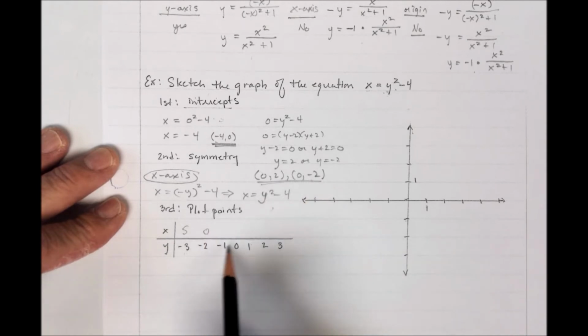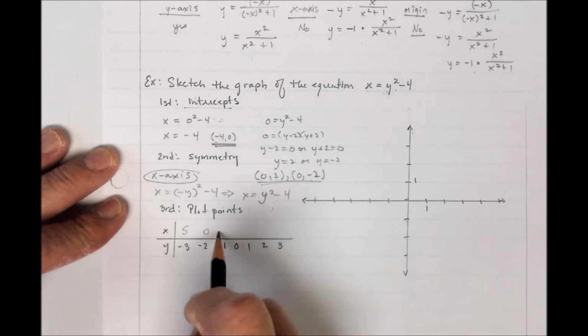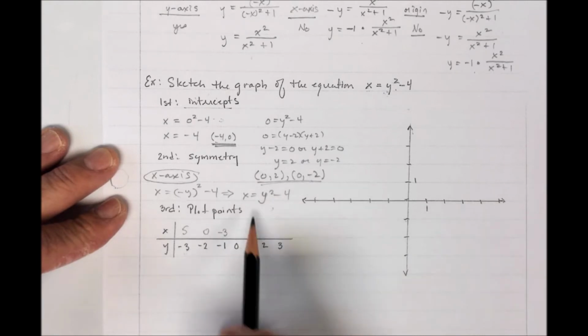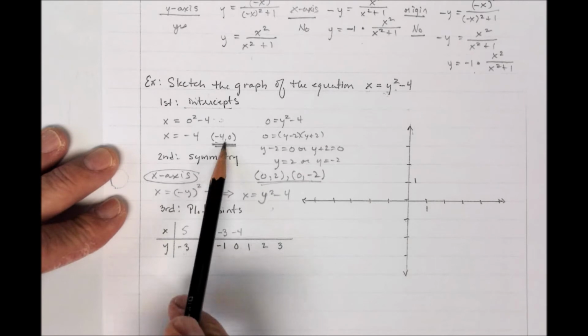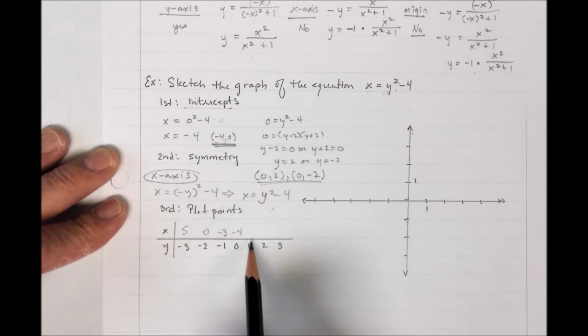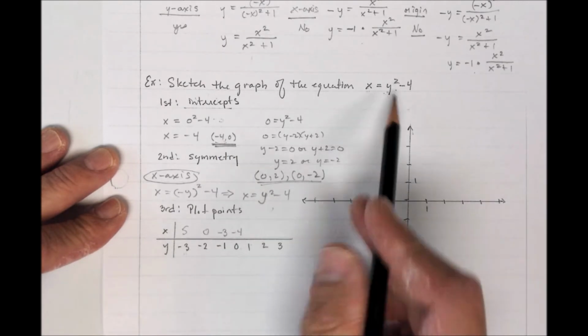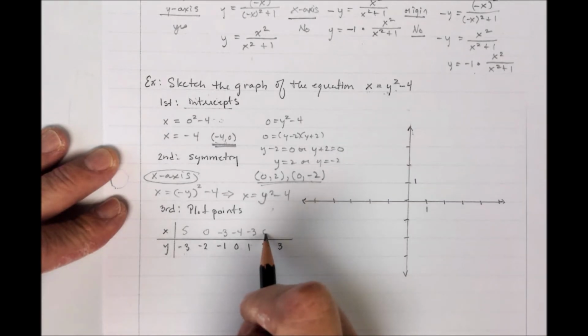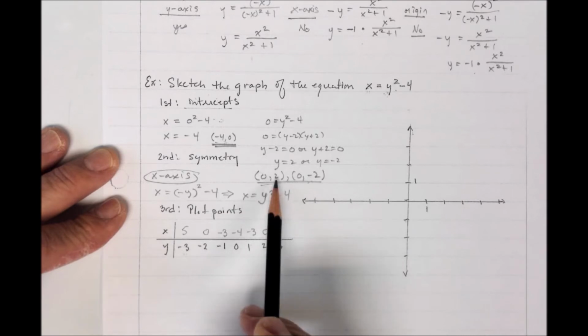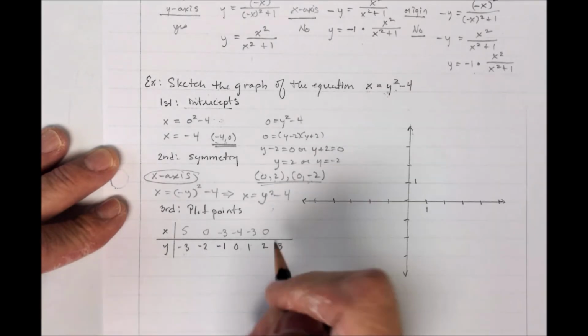If I plug -1 in, I get -3. If I plug 0 in, I get -4, which makes sense because I have (-4, 0) here. If I plug 1 in, I get -3. If I plug 2 in, I get 0 again. And if I plug 3 in, I get 5.